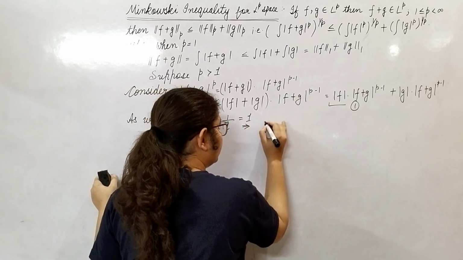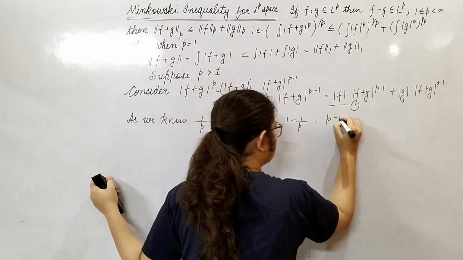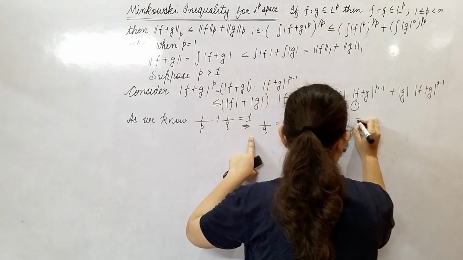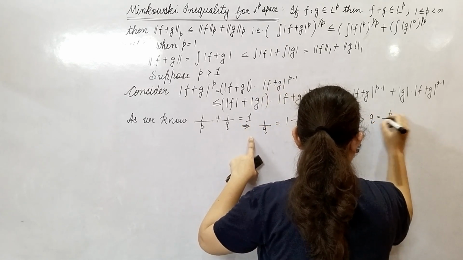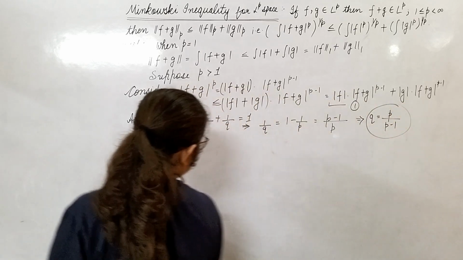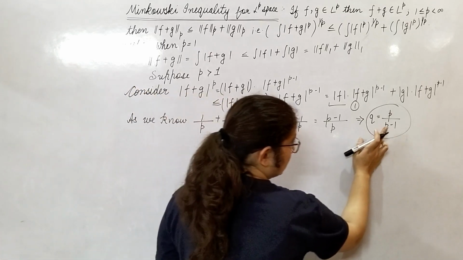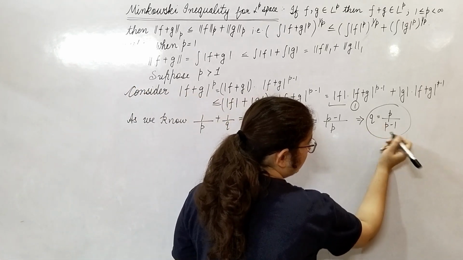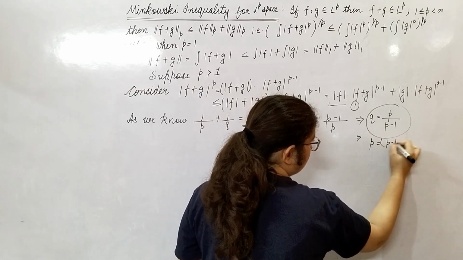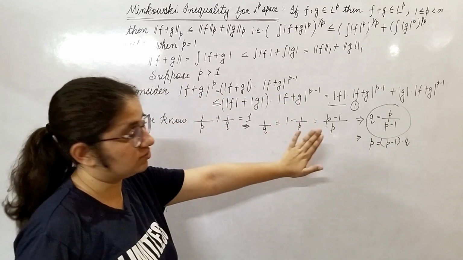This implies 1 by Q equals 1 minus 1 by P, equals P minus 1 by P. This implies Q equals P by P minus 1. This is your Q here. Then from here you can calculate P, and P is P minus 1 into Q.